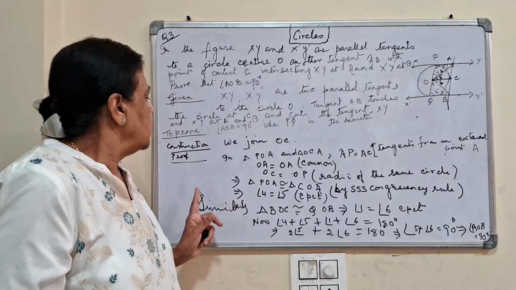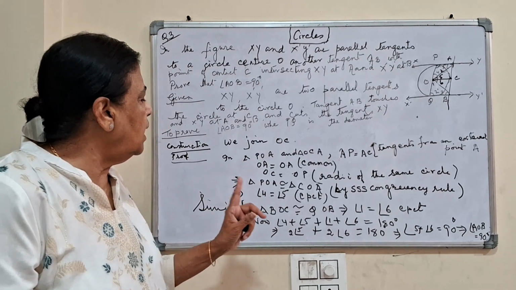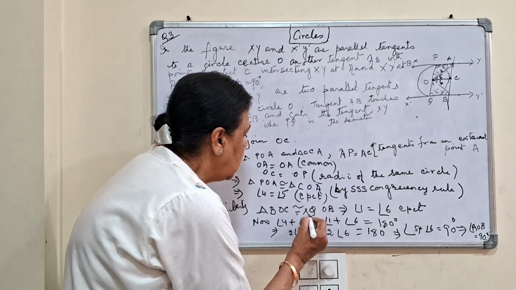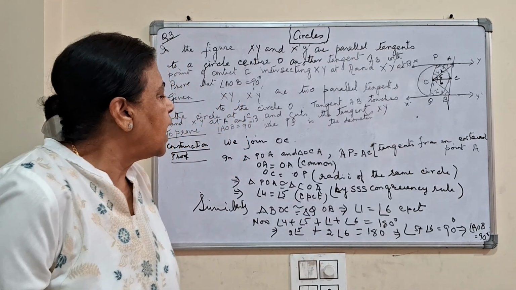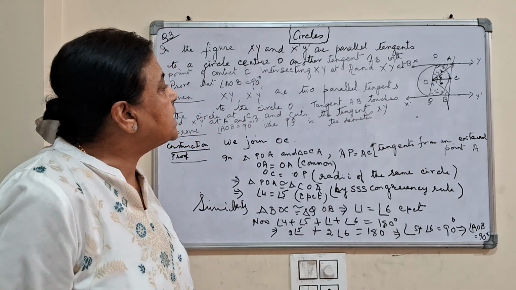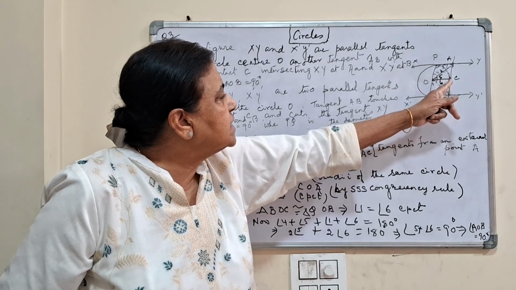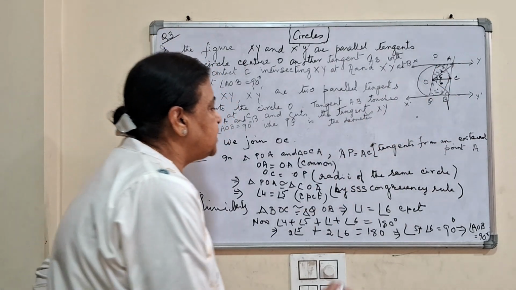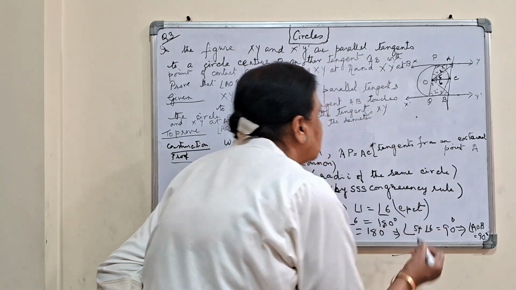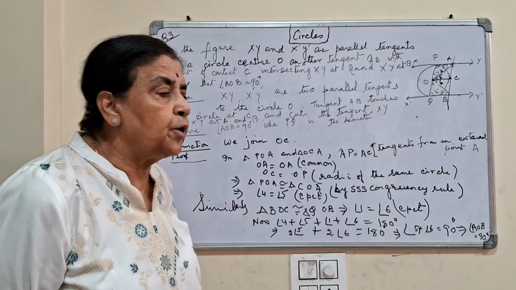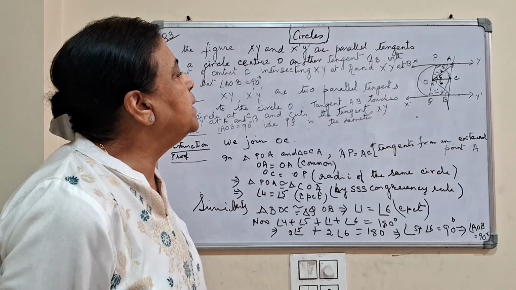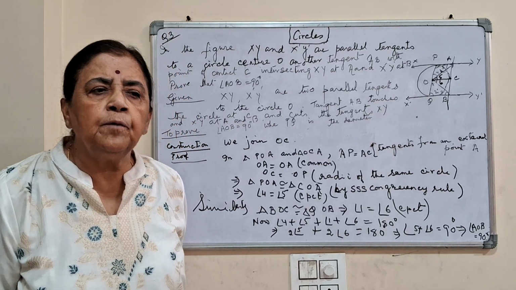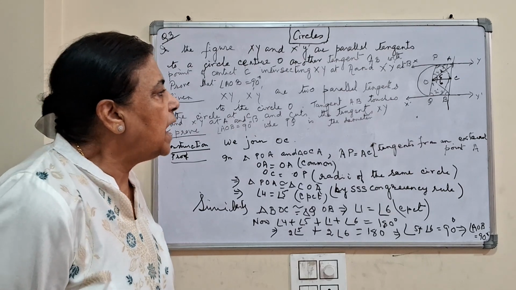Then similarly, triangle BOC and triangle QOB. Angle 1 is equal to angle 6 again by CPCT, because these two triangles are also congruent: QB and BC are the tangents from the external point B, so they are equal.